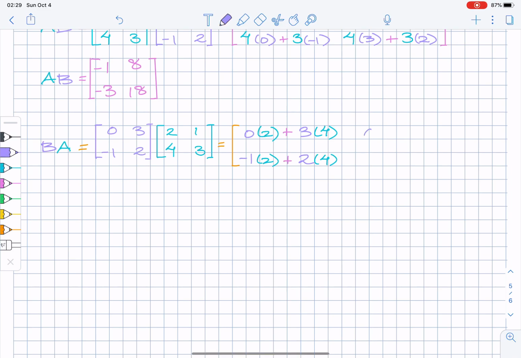Then again, we'll have 0, -1 times 1, 1 plus 3, 2 times 3, 3. Oh, and those should not have been pink. Should have been orange for this one, sorry.